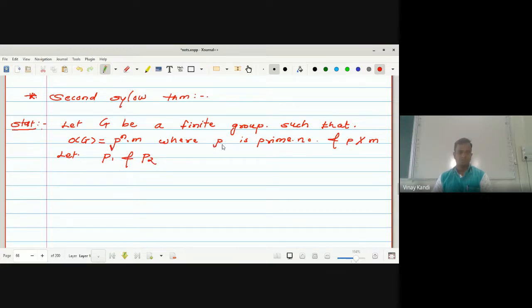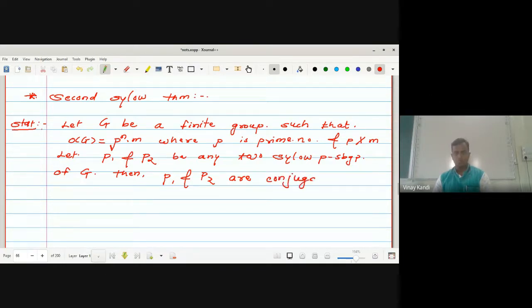be any two Sylow p-subgroups of capital G. Then these two subgroups P1 and P2 are conjugate to each other.